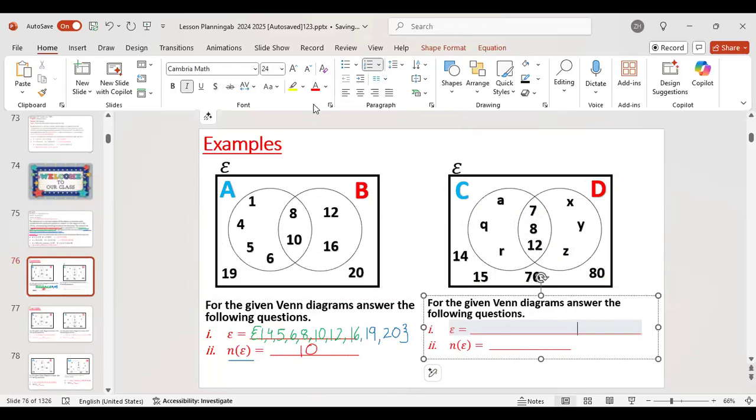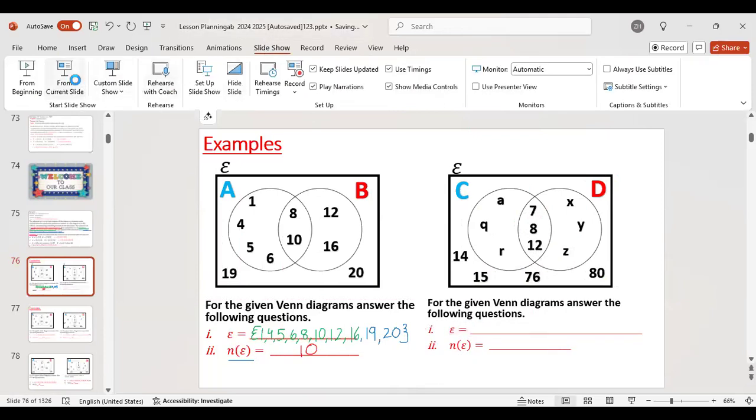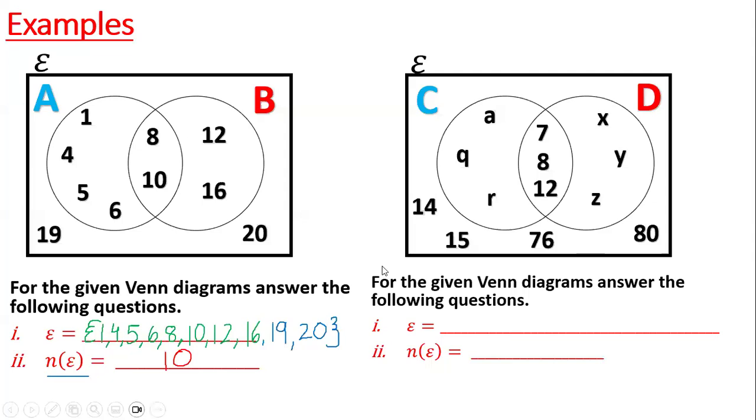All right, good. So can someone tell me what is going to be inside of my universal set and why? A, Q, R, 7, 8, 12, X, Y, Z. And that's it, right?